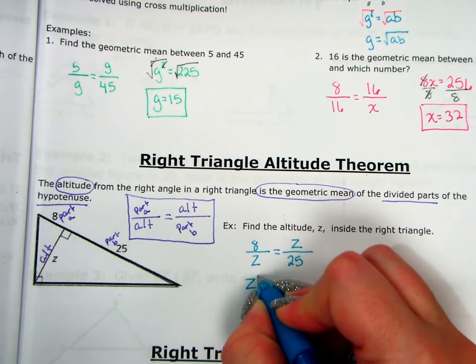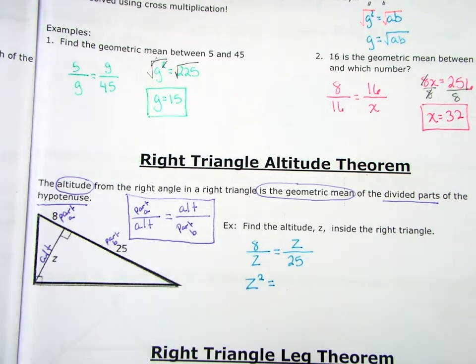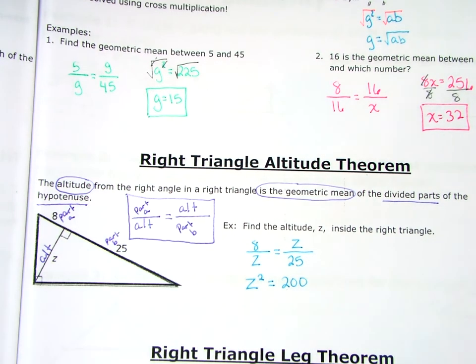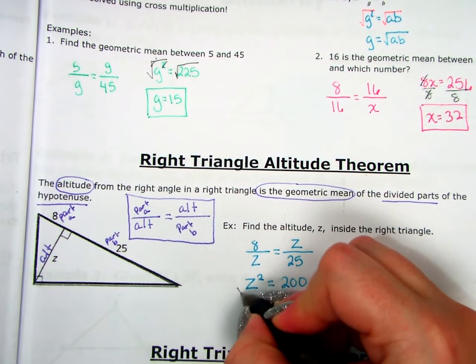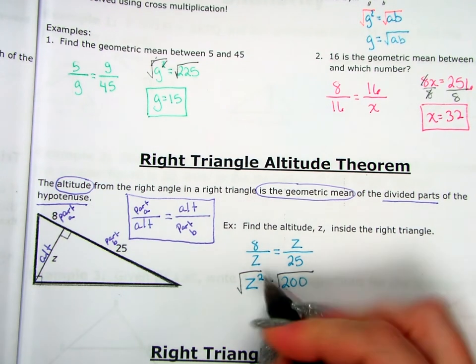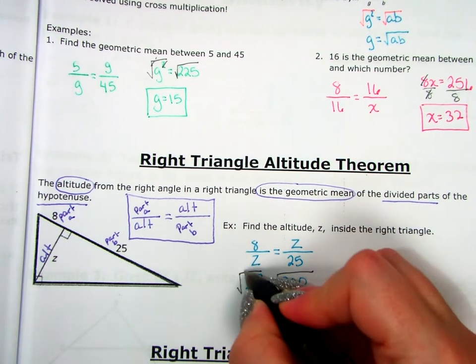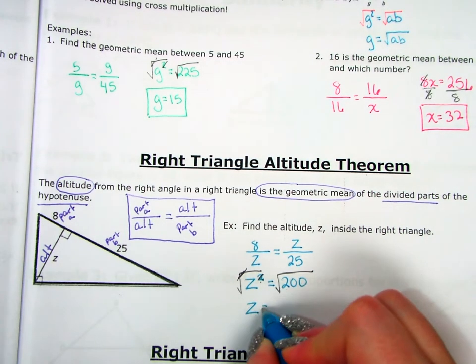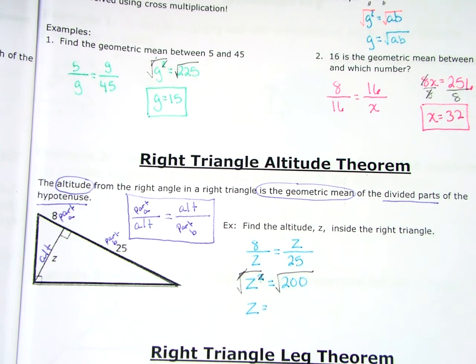Okay, so I'm going to cross multiply, and I'm going to get Z times Z, which is Z squared, equals 8 times 25. Good, 200. And then I need to unsquare, so I'm going to square root, because anytime I see a square and a square root together, they cancel each other out, so I just have Z. 200 is not a perfect square, so I'm going to use my calculator to square root it.